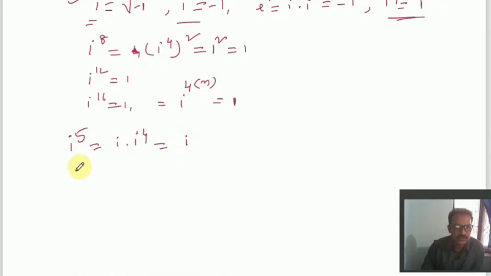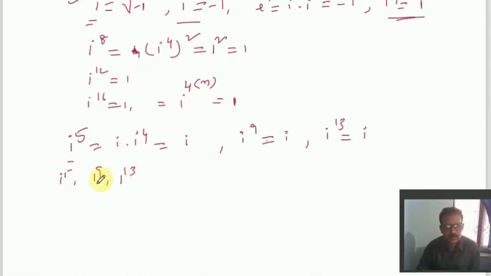In the same manner, i power 9 is equal to i, i power 13 is equal to i. i power 5 is i power 4 into i, i power 9 is i power 8 plus 1, i power 13 is i power 12 plus 1.